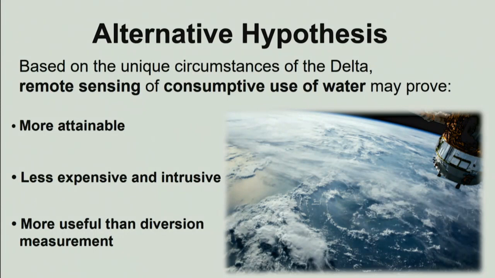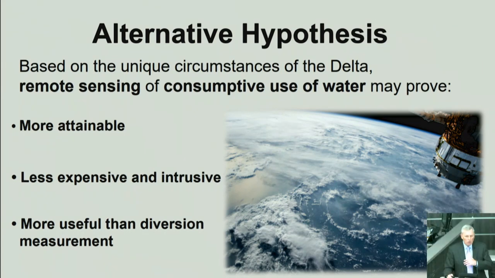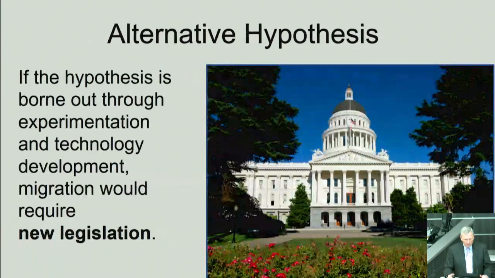The idea is that this information will be more consistent, it'll be available in real time, much less expensive and less intrusive, and therefore more useful than trying to measure 1,500 to 2,000 diversions within the Delta.